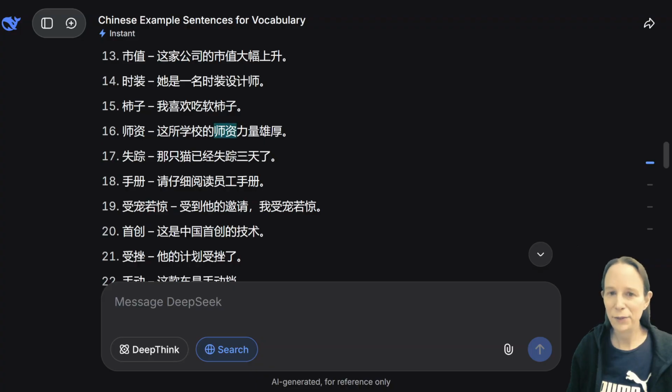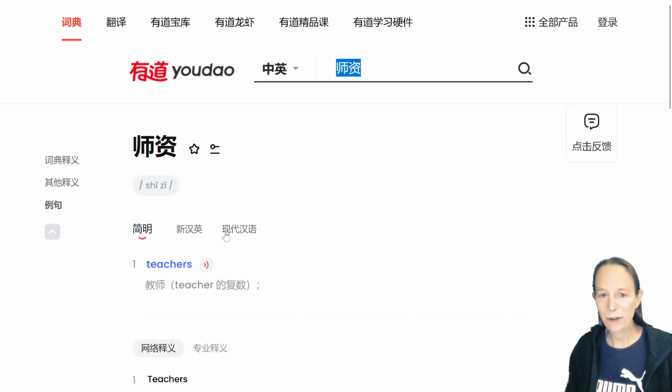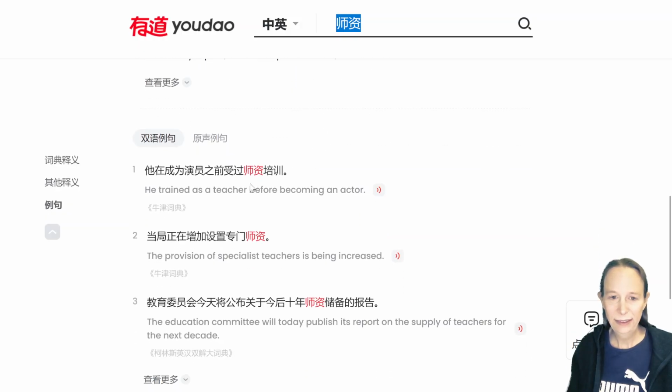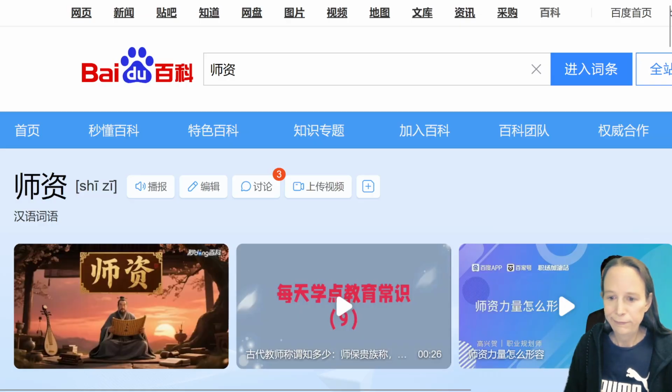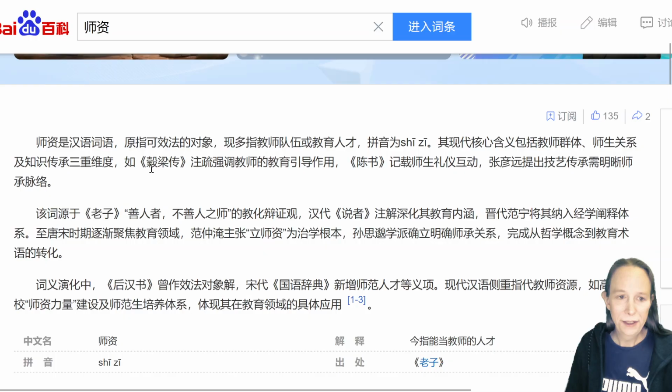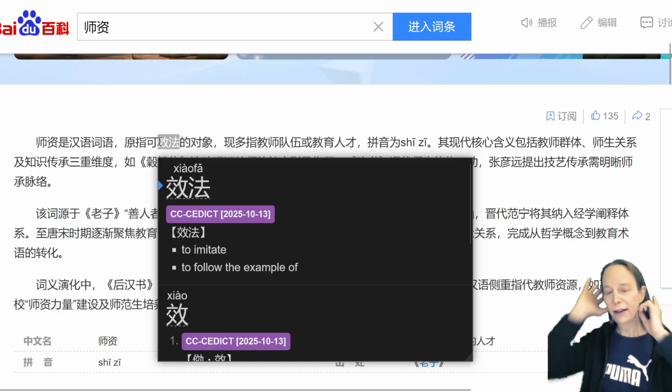That's not my interpretation. Am I wrong? 师资 can be 资格. Maybe I'm wrong. I'm going to have to look it up now. It's not in the dictionary. 师资原指可效法的对象. 效法, what is 效法?